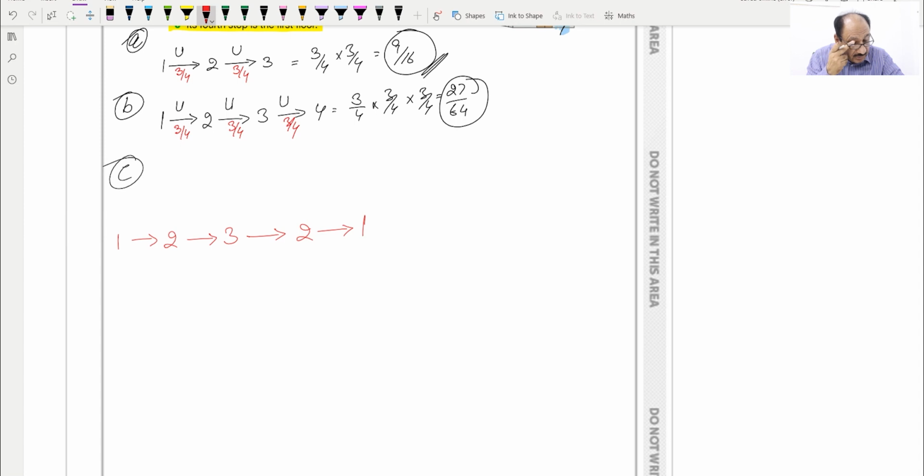We have to start from first floor in every situation, and we have to stop at first floor in all the situations. So what can be the other possibilities? It is starting from first floor and going to the second floor, coming back to the first floor, going to the second floor, and then going to the first floor. This is another option which we can have.